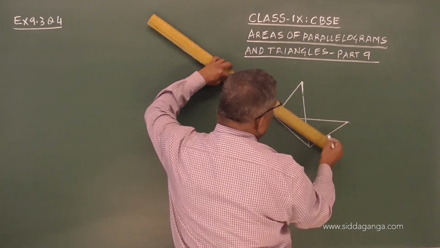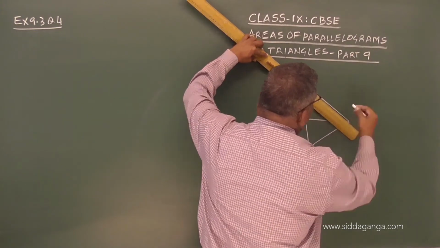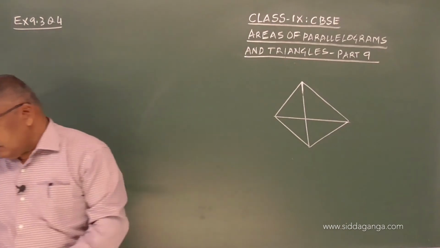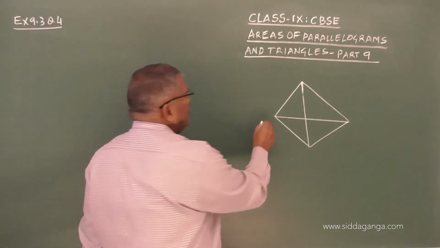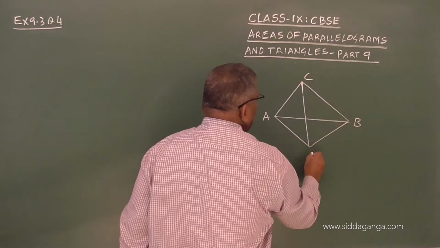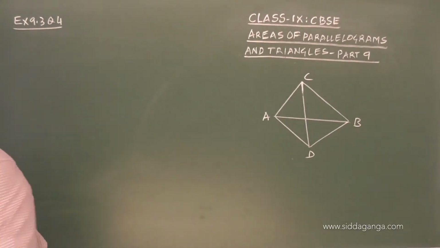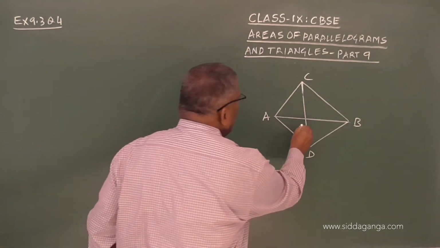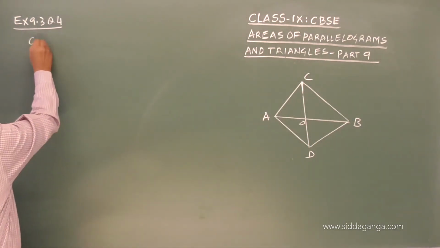The diagram is given like this. It is marked like this: A, B, C, D, and the midpoint is called O. So this figure is given.